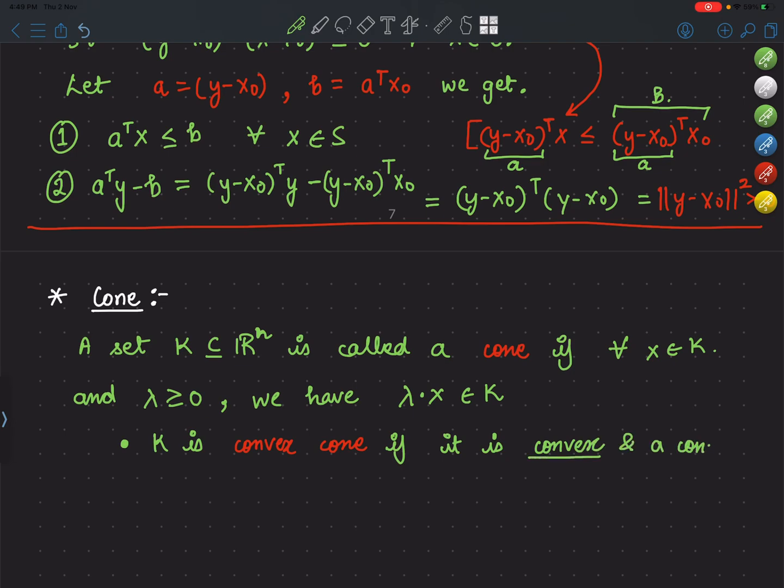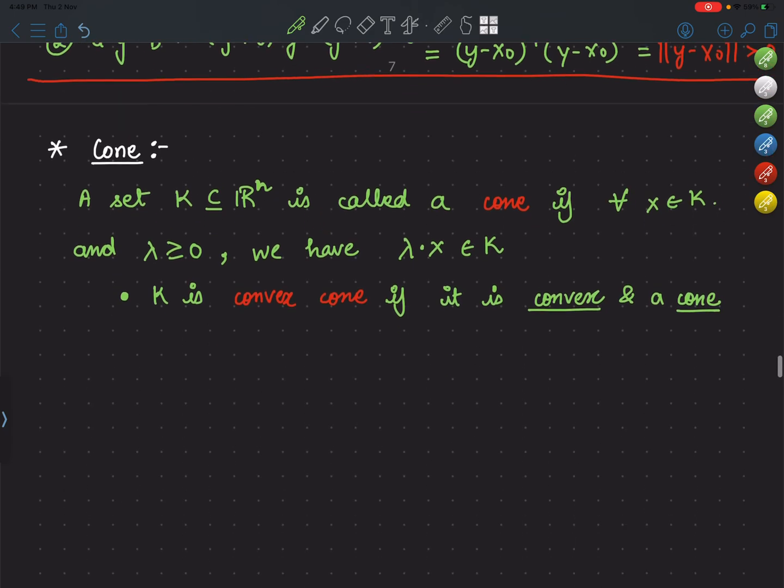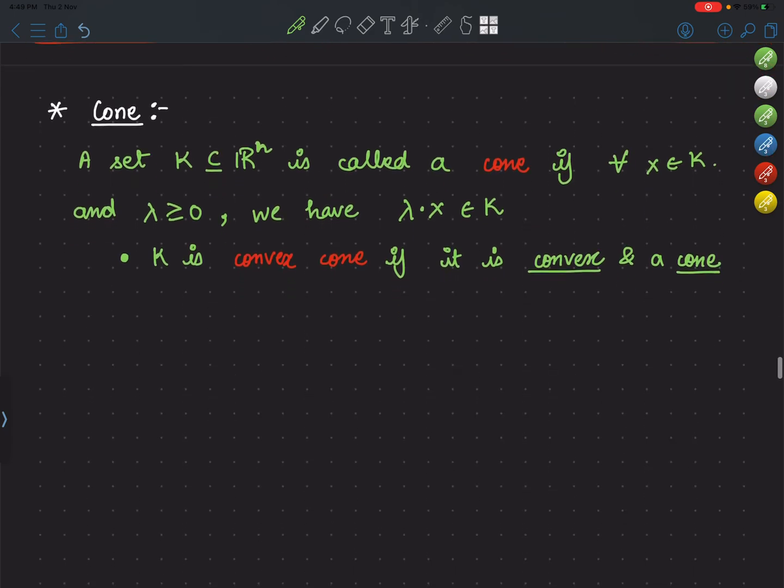So quite obviously, a convex cone is a cone which is also convex. So that is very obvious. Let's give some geometrical examples. A ray like this is actually a cone.